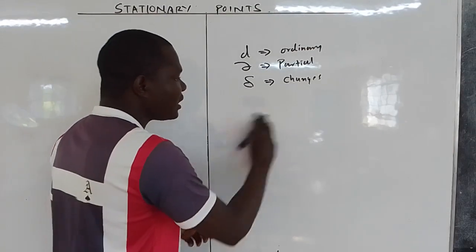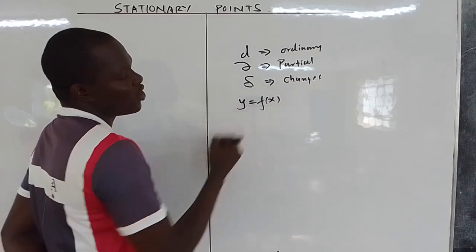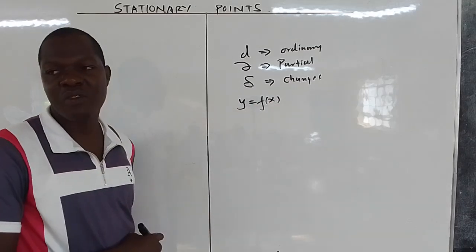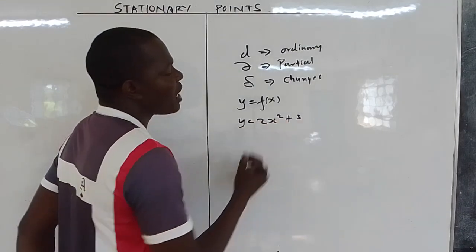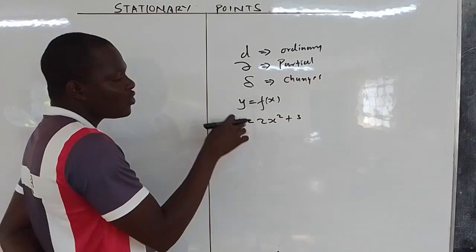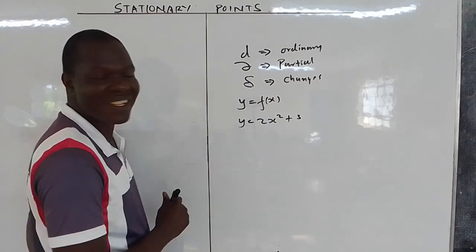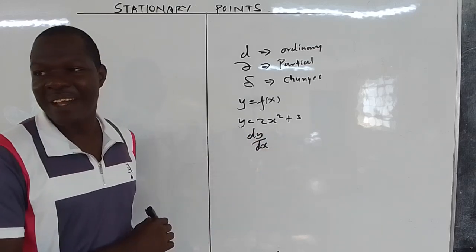In ordinary derivatives, when you have y as a function of x, like saying y is 2x squared plus b, meaning y is in terms of x, if you want to differentiate y with respect to x, you get dy over dx.